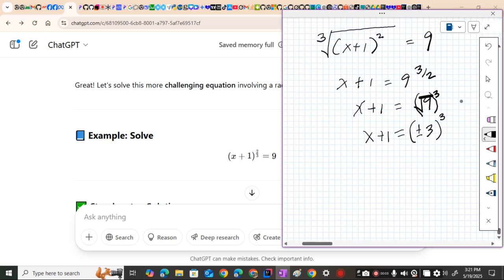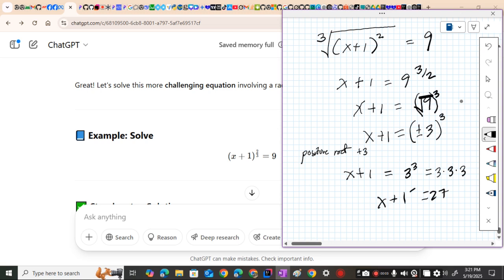So if we consider the positive root, that's plus 3. This reduces to x plus 1 equals 3 raised to 3. And we know that that is 3 multiplied by 3 multiplied by 3.